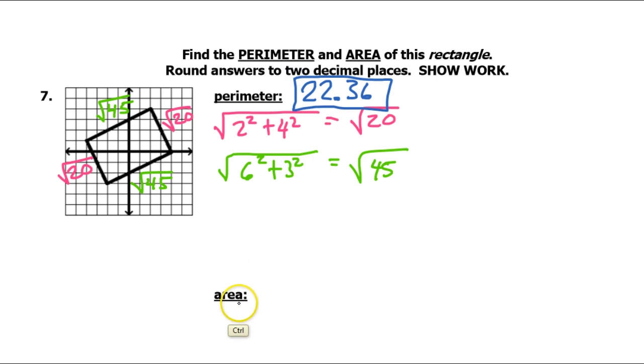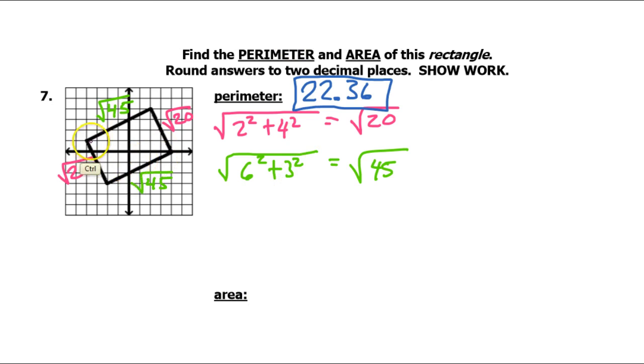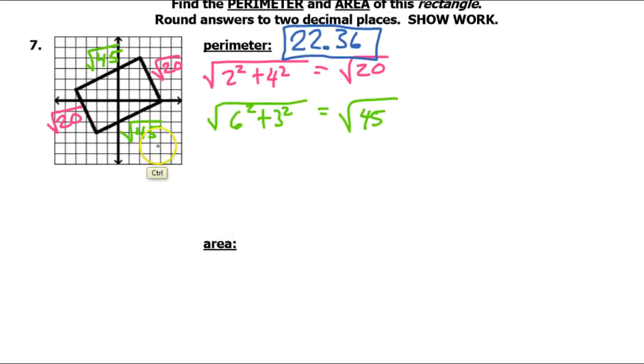Okay, now the area. Well, the area of a rectangle is length times width. So that's going to be just radical 45 times radical 20.